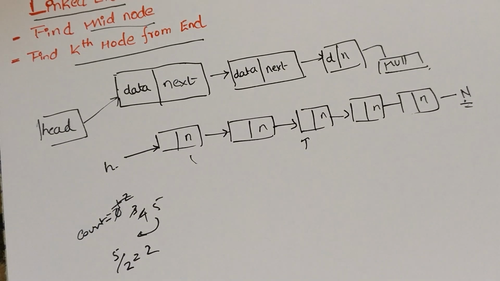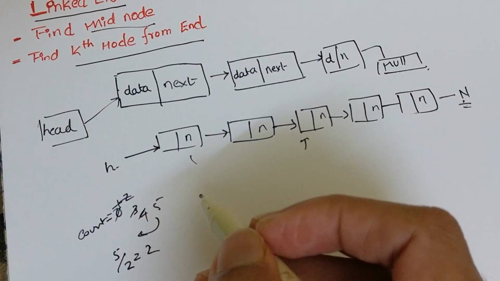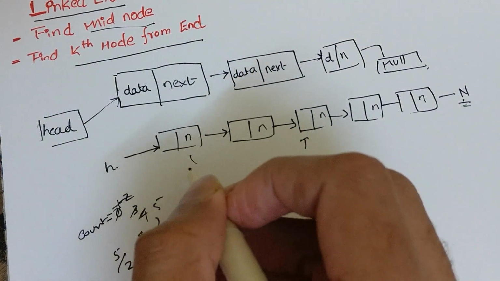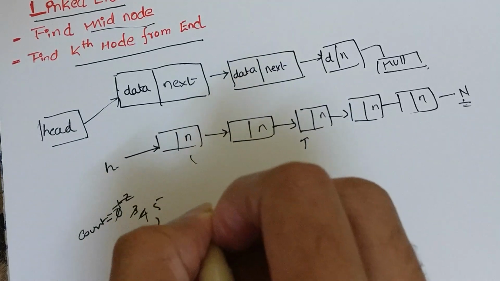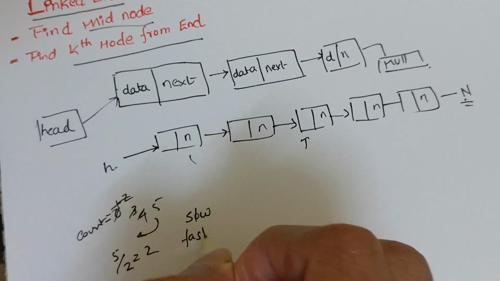So that is the question. How can we do it? These questions involve a small trick, which is to have a slow pointer and a fast pointer. I'll show the slow pointer as S, and I'll have a fast pointer.